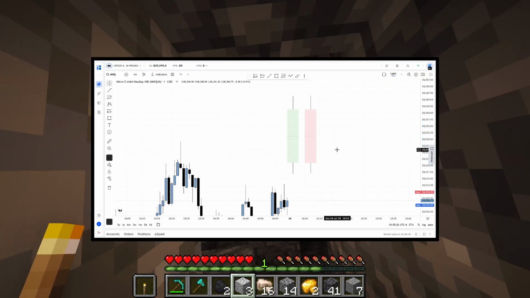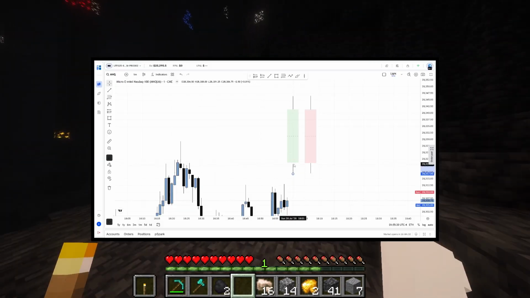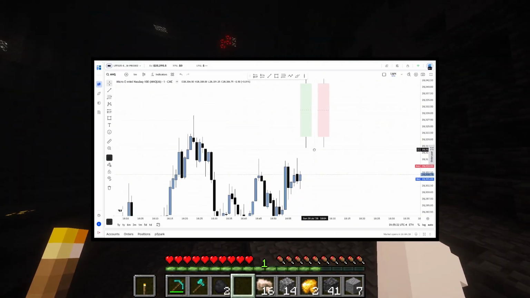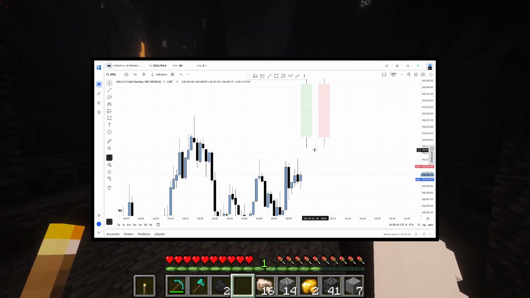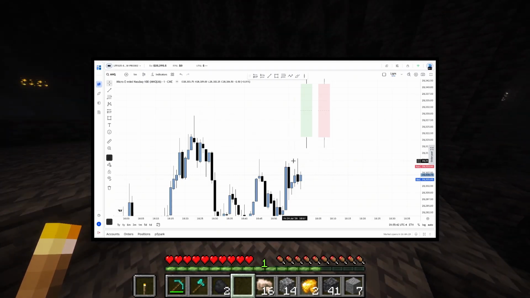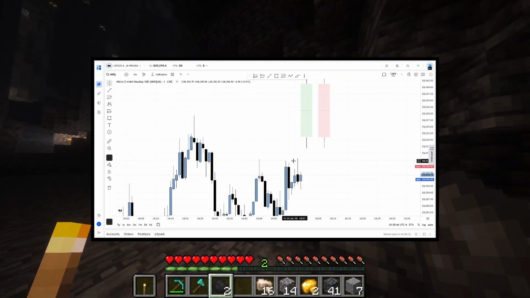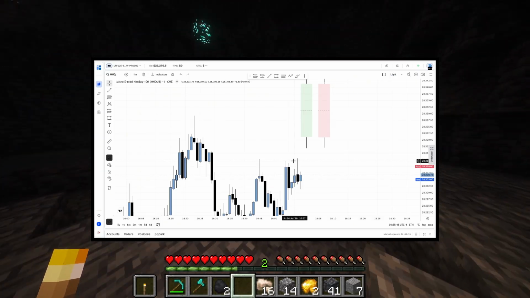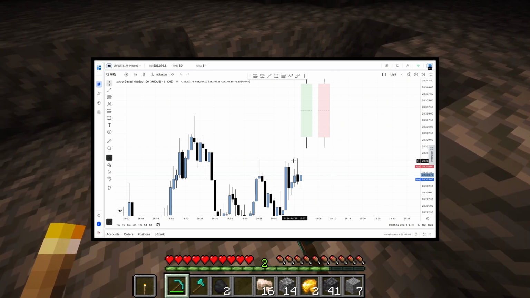I think candles are the easiest to grasp and the most fundamental thing in trading, because if you decide to be a full-time trader, you're going to spend all of your day looking at boring pixels on your screen, and those pixels are mainly just candles. But candles can tell you a lot about how price is moving and how price is going to move in the future. And that's really the essence of day trading.